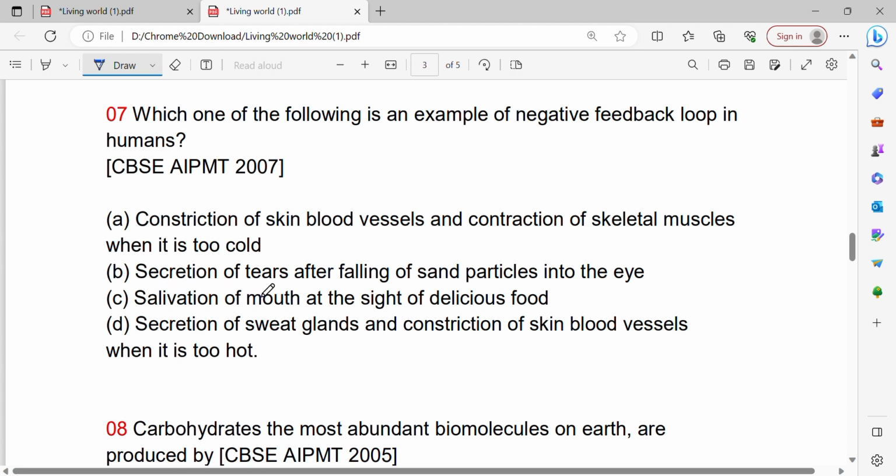Option B, secretion of tears after falling of sand particle into the eyes. Salivation of mouth at the sight of the delicious food. Secretion of sweat gland and constriction of skin blood vessel when it's too hot. And the correct option is option number A.